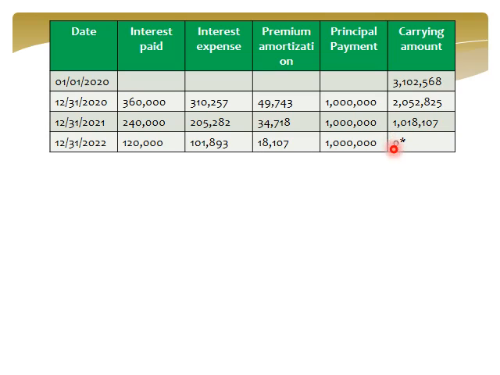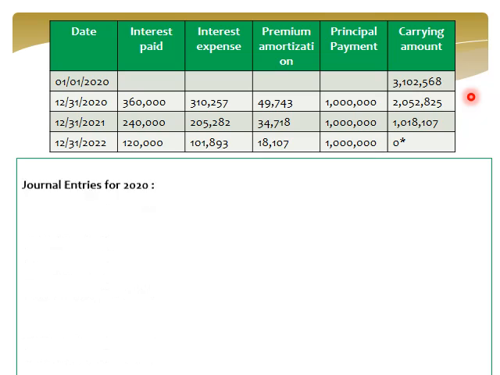Okay, so, this is the table of amortization we prepared earlier. Now, let's prepare journal entries for year 2020 using this table of amortization. So, issuance of bonds on January 1, 2020. Of course, we received cash. That is what we computed, 3,102,568.